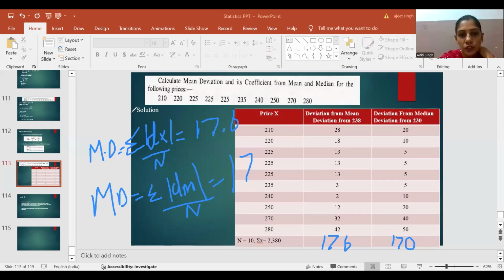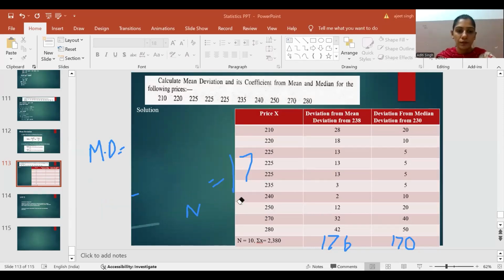So for the coefficient, the formula is median deviation divided by x bar.